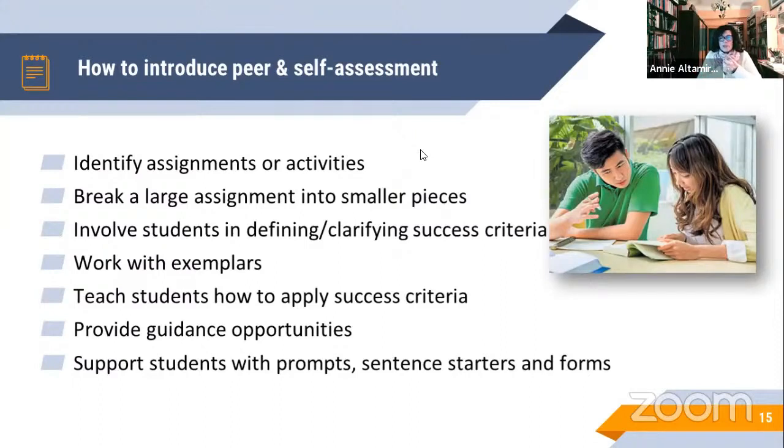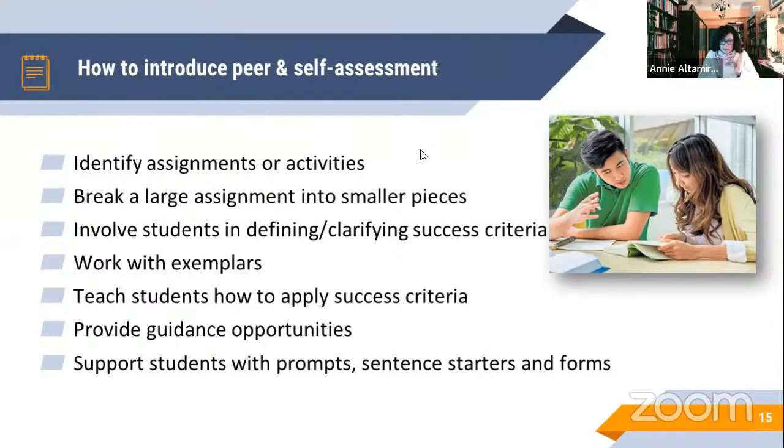Also, involve the students in defining and or clarifying the success criteria, because these are usually expressed in language that is not very student-friendly, because they are meant for the teacher, especially if you find them in the course book. But you can reformulate that with the students or without them in language that the students can understand.